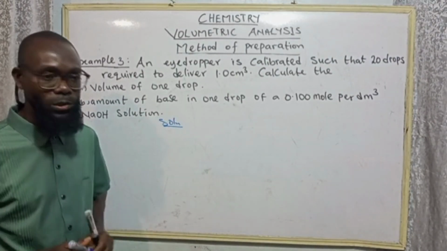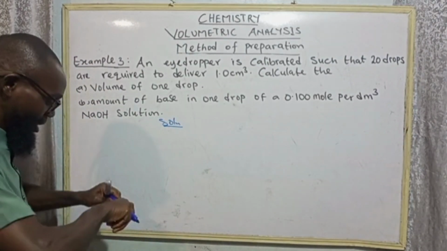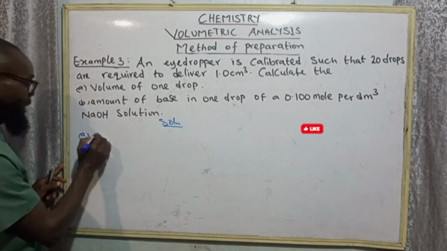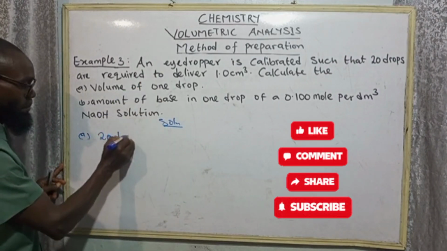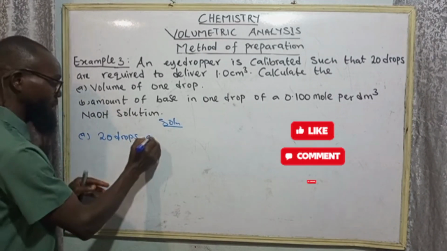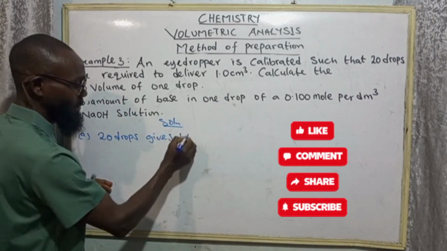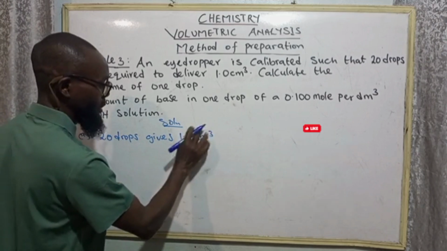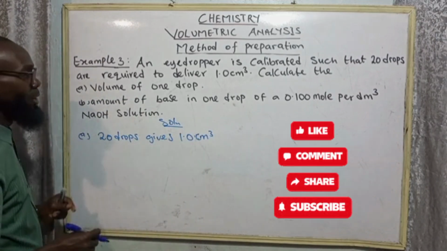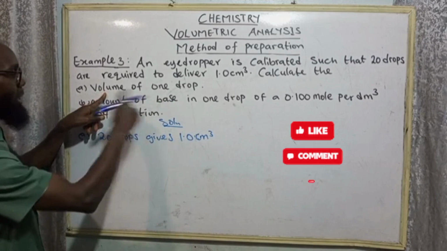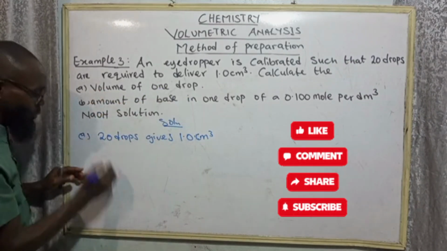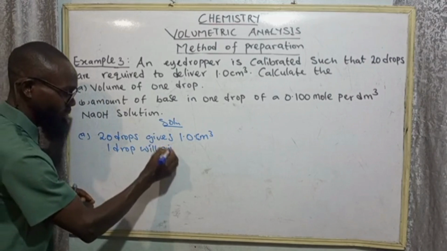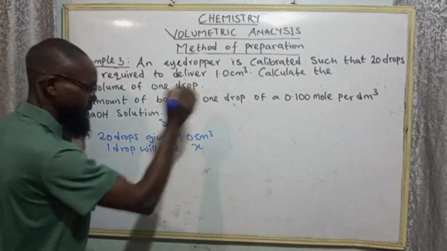So we are going to use a first principle method, question A. 20 drops gives 1.0 cm³. Okay. Now, calculate the volume of 1 drop. So 1 drop, let's say, is x.